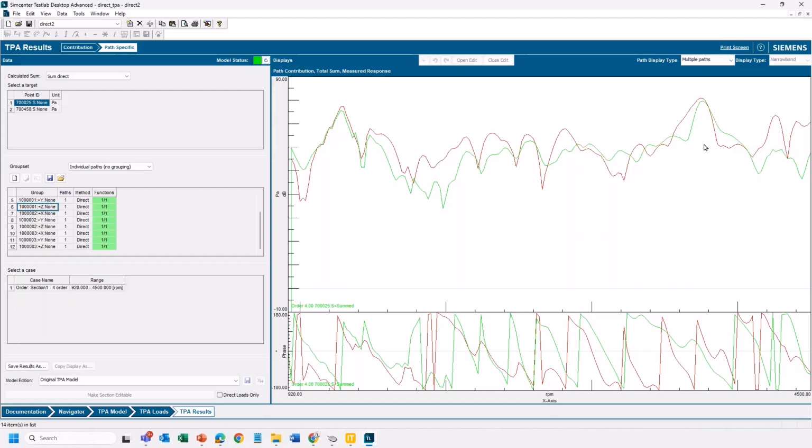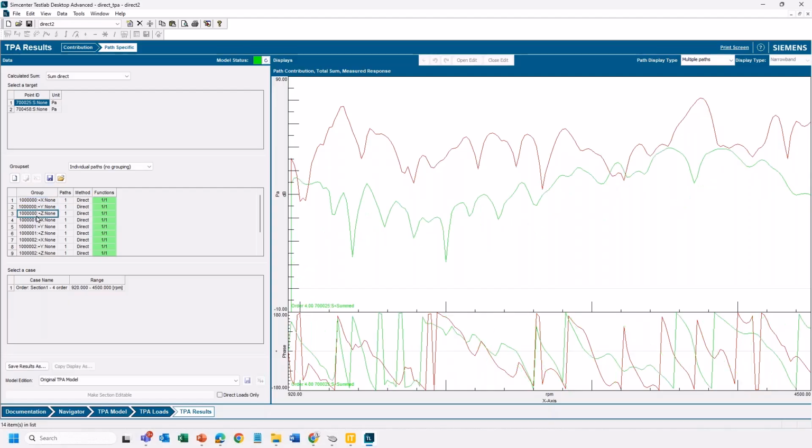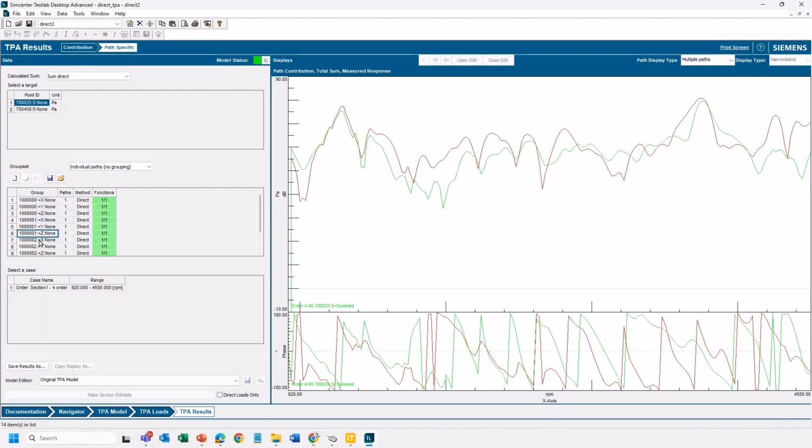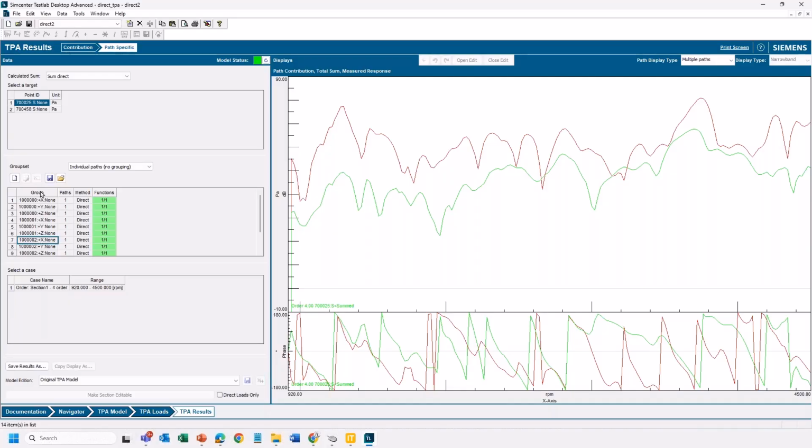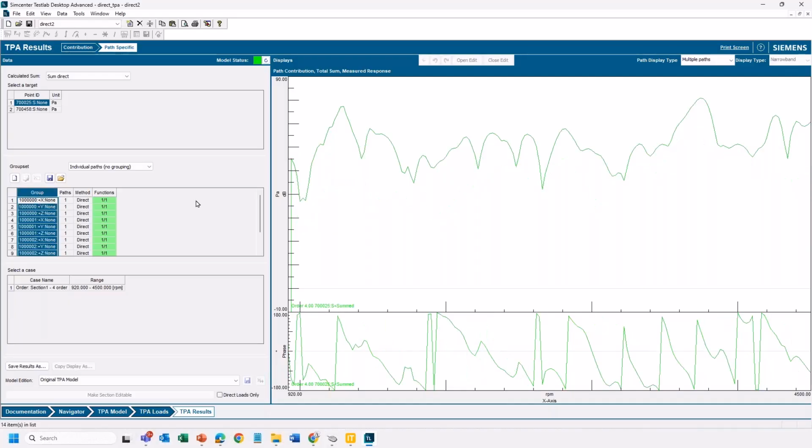Yep, I would say. Yeah, you can see that here in the calculation of these, and you can see them all individually, see how they compare to the total. If I highlight them all, it sums them all together. There's actually two curves here, but they're identical because they're on top of each other.